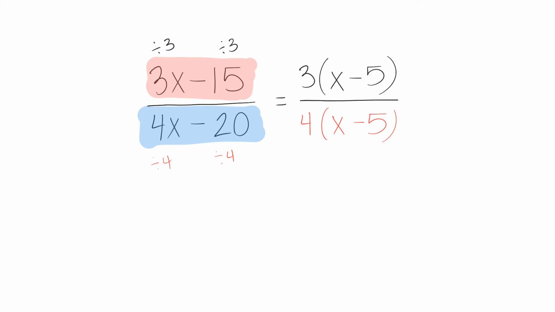Well, look at this. My 3 and my 4 won't simplify, but x minus 5 is in the top and in the bottom. Because they're multiplying, because they're separate terms, and maybe you need to put brackets around all the pieces. So you can only cancel brackets that are in the top and the bottom. So in that case, these two pieces will cancel, and all you're left with is 3/4.